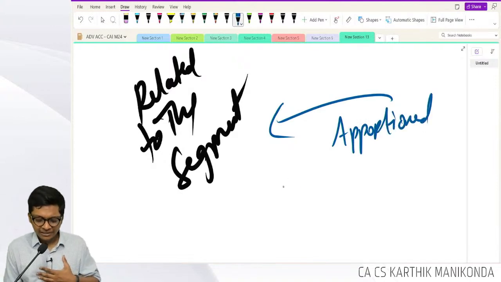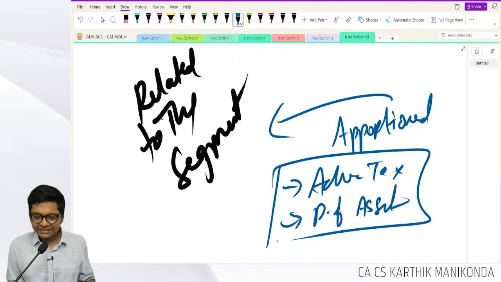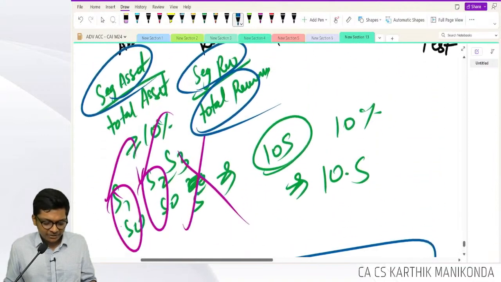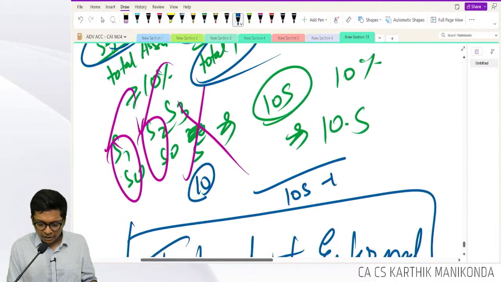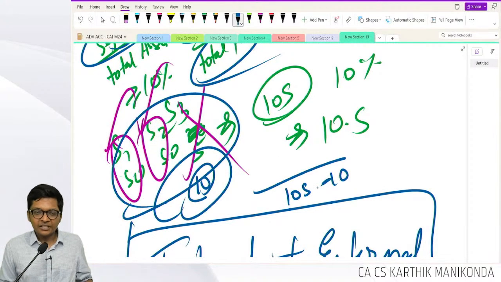For example, items like advance tax, deferred tax asset should be eliminated. In the same sum, if deferred tax is 10, then from the denominator 105 you reduce 10, and from the numerator also, from each segment you remove deferred tax.